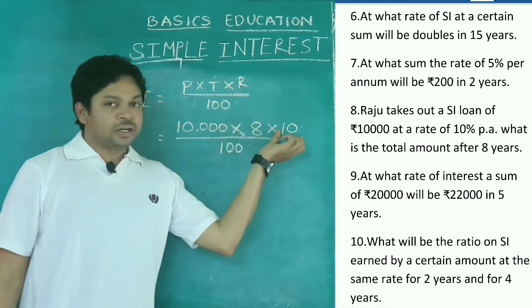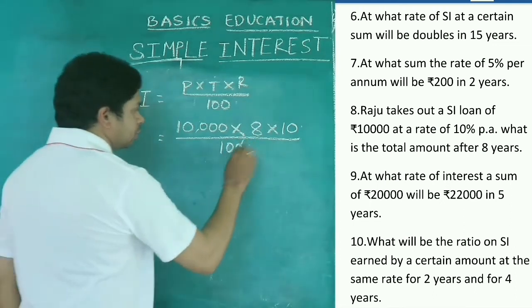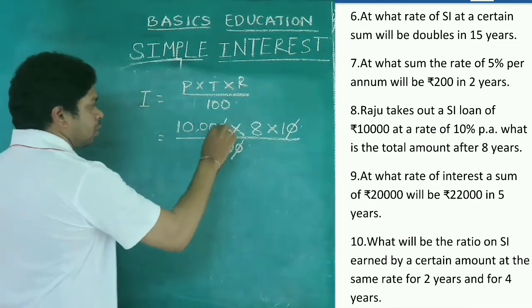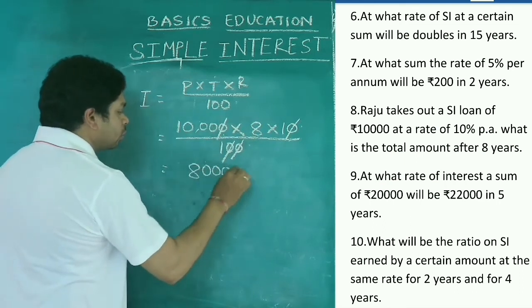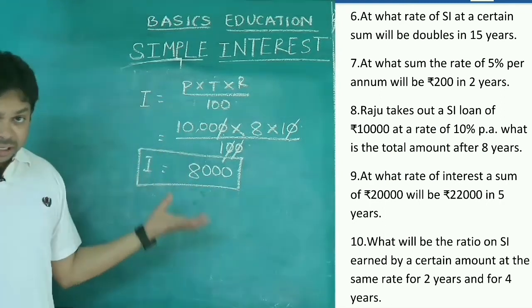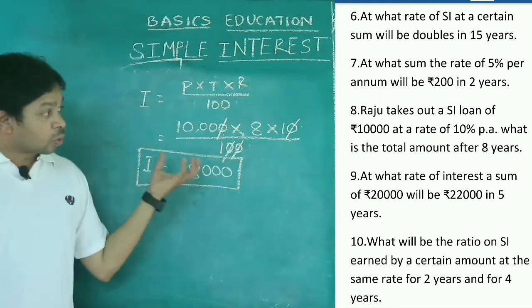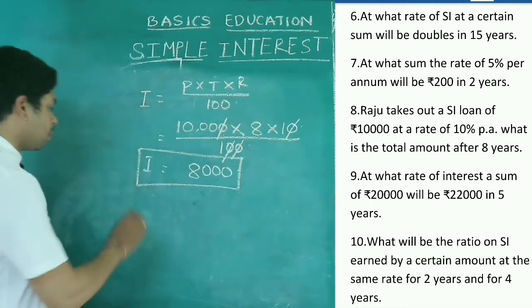Then by cancellation, and finally by cancellation, you will get 8,000 rupees as a simple interest. But from the data clearly we should know that the total amount after 8 years is asked, that is, total amount is nothing but principal plus interest.